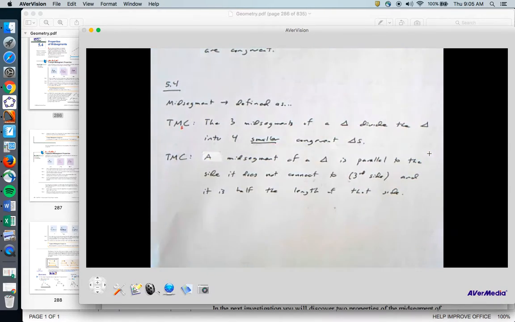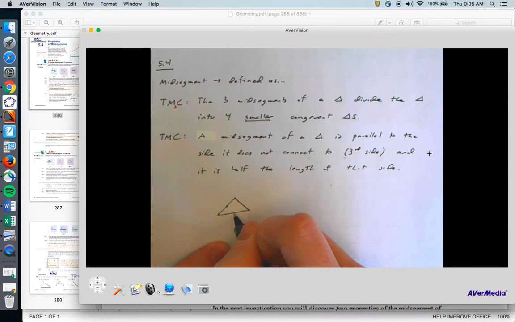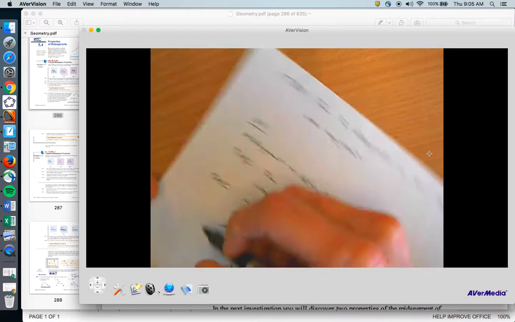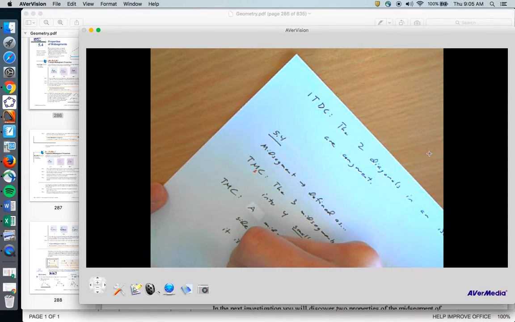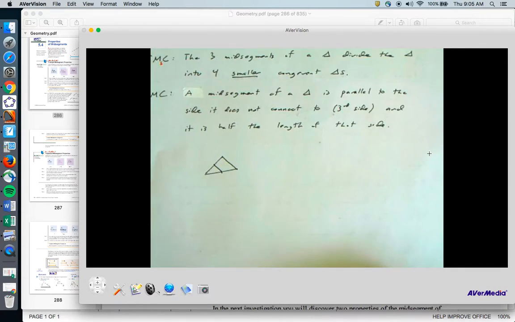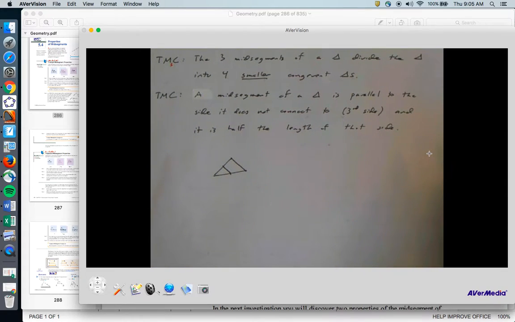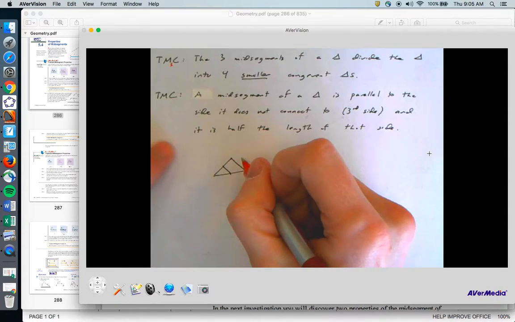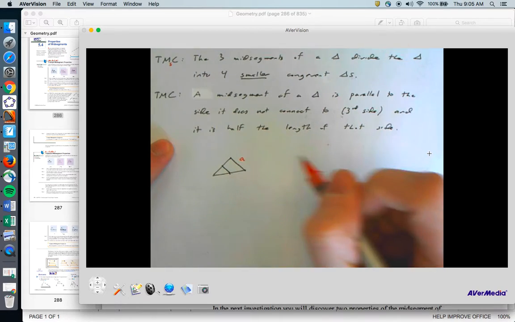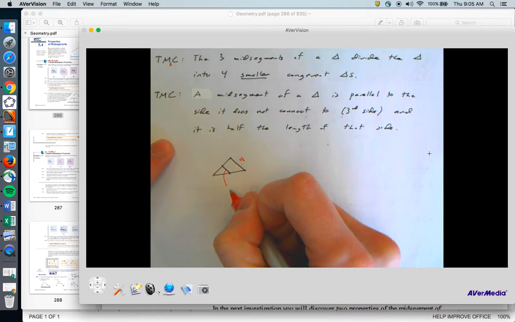So maybe we draw a picture here. Triangle. Midpoint. Approximate midpoint. There's the midsegment. So if this is A, it's hard to see, but it's true.